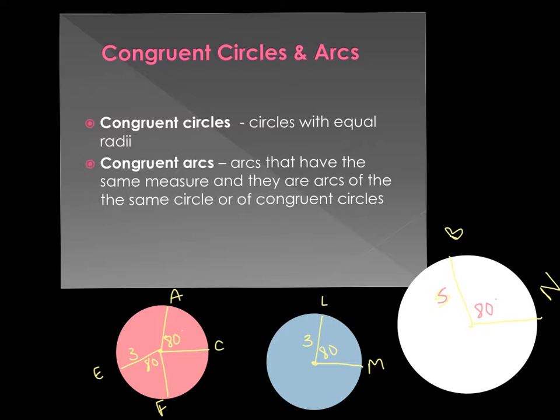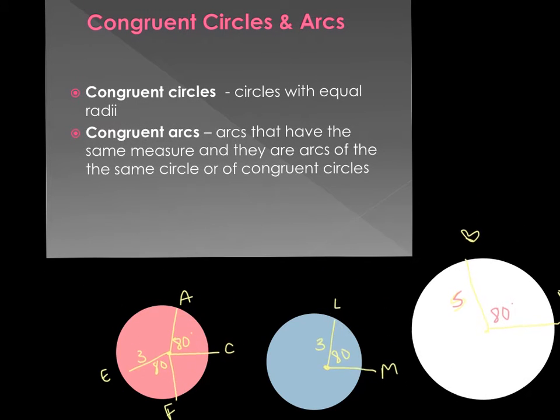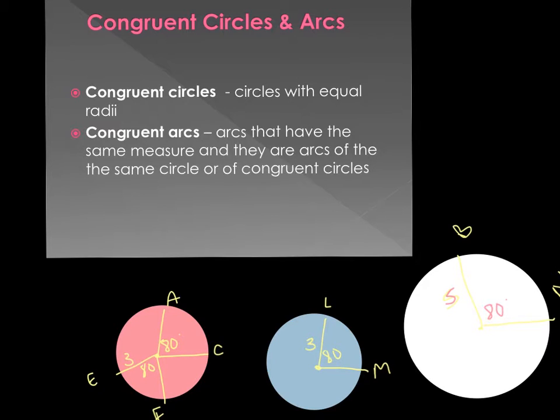All right, so I have 3 different circles here. If you look at that first circle, I have 2 arcs with the same measure, right? I have arc AC, which would be congruent to arc EF. They both are in the same circle, and they have the same measure.